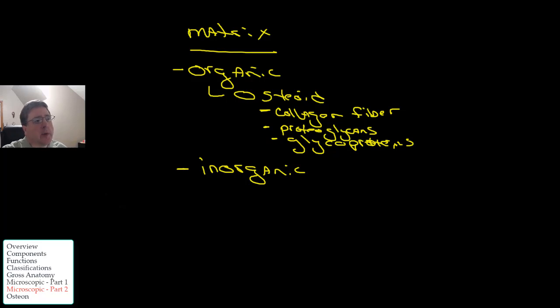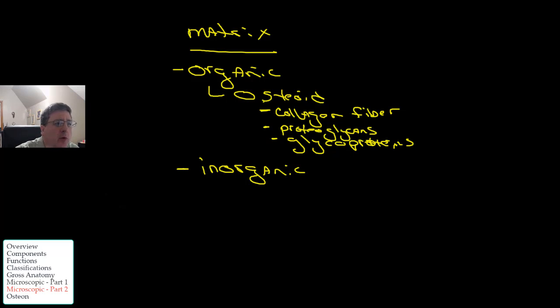Okay, so the osteoid is made up of the collagen fibers. So remember, connective tissue are cells within an extracellular matrix, and the matrix is made up of fibers and ground substance. Okay, so the proteoglycans and the glycoproteins suspend the collagen fibers. Okay, so that's what we're looking at on this one.